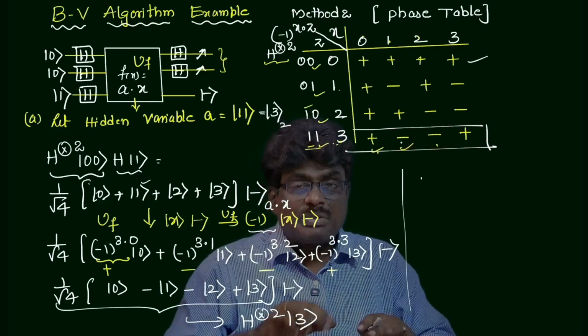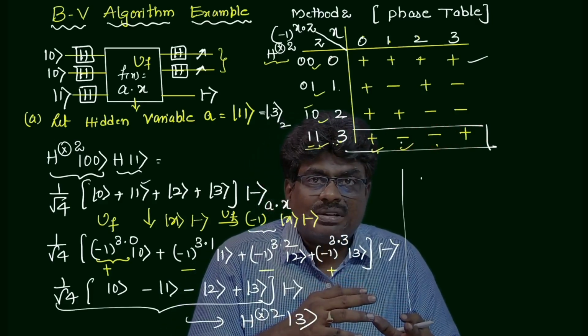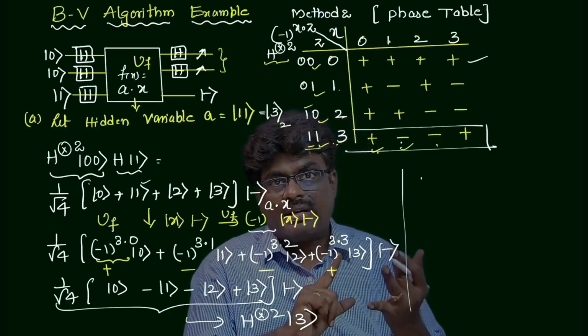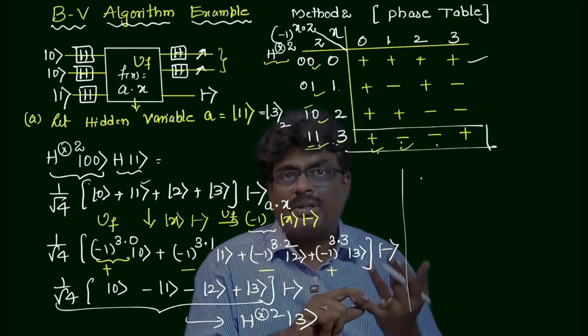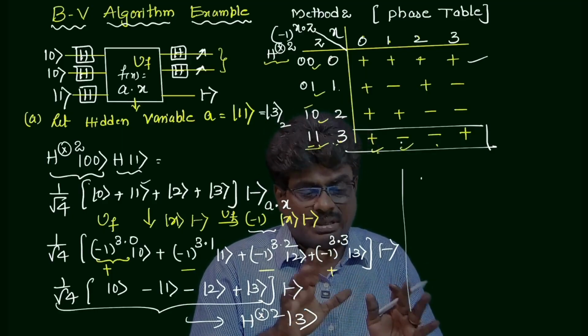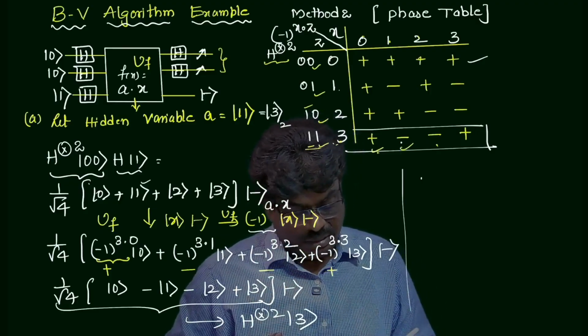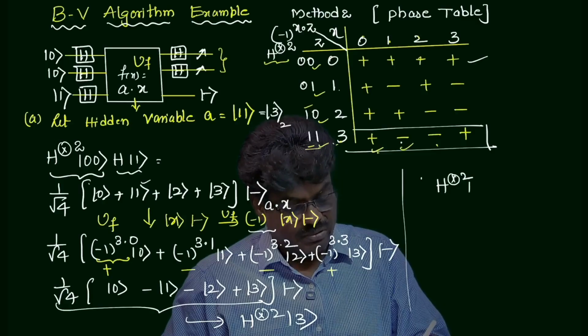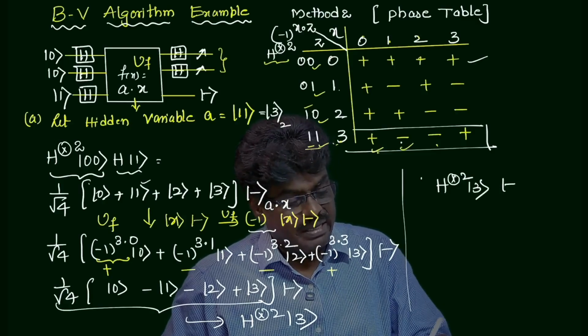Fine. So that's why this table is very useful. And in two ways we are using this. One is for getting that binary dot product, and another one is for Hadamard operations. I'm using it for these two operations. So finally here we got H tensor 2 on 3, and the minus state is as usual here.